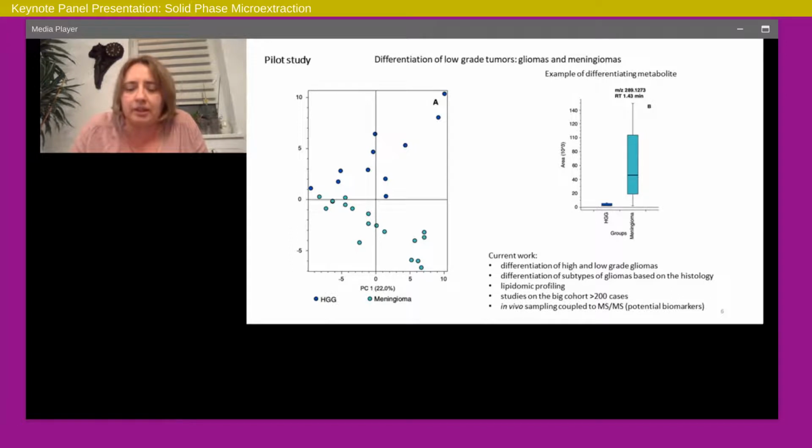On the right, you can see that we are able to pick up compounds of interest, which, of course, after running a larger cohort and after proper validation, we can propose as potential biomarkers for different tumor types and different malignancy grades. Right now we are also focusing on lipidomics because we want to extend our studies to lipidomic data, and we are already looking into the data from more than 200 patients.